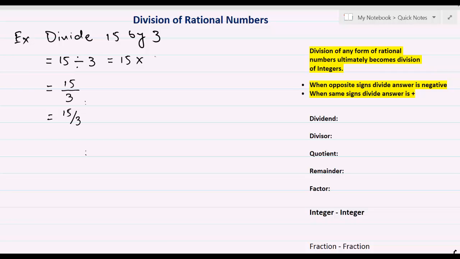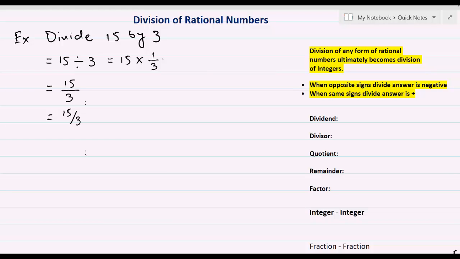And what is the reciprocal of 3? 1 over 3. Reciprocal means to make the numerator the denominator and the denominator the numerator. So we just switch over the numerators and denominators. In this case, there was 1 which was the denominator, which we usually don't write. So that's why its reciprocal is 1 over 3.